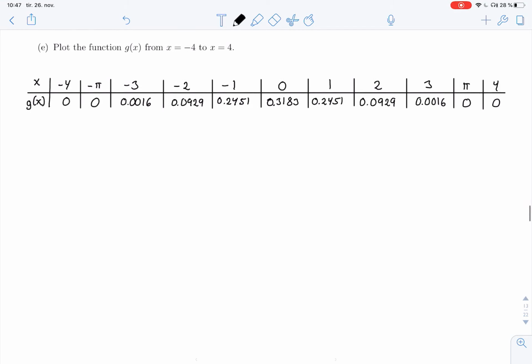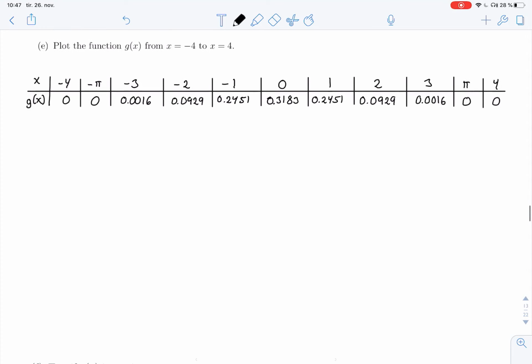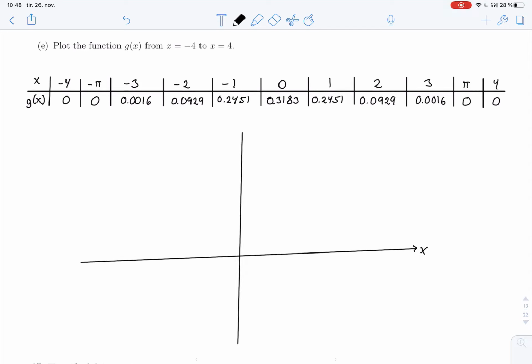Anyway, now we need to try to plot it. So on the x-axis, I need to have numbers from, well, this is easier if you don't have a blank sheet, but anyway, I'll try. I have from -4 to 4.